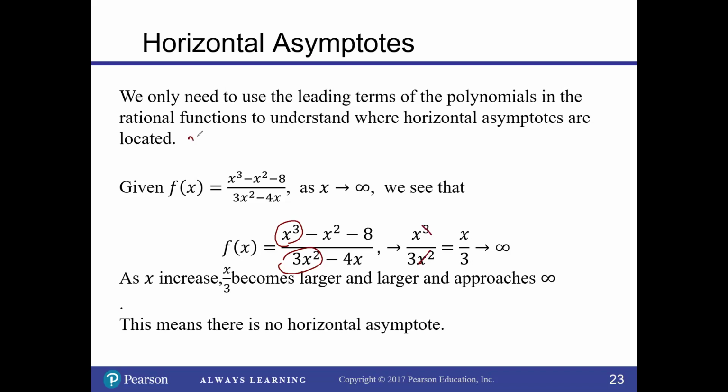In this case you see that as x is getting larger, my fractions are also getting larger. Like I said, it's just getting bigger and bigger and bigger.